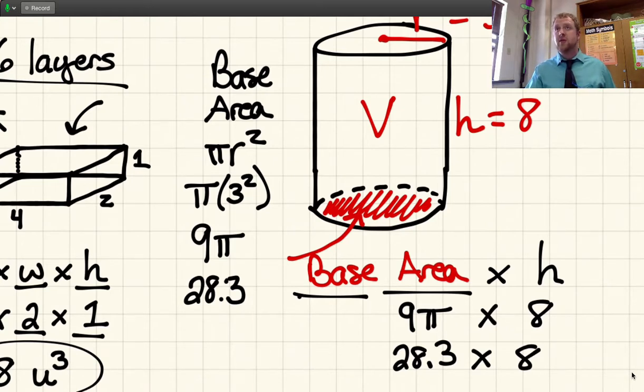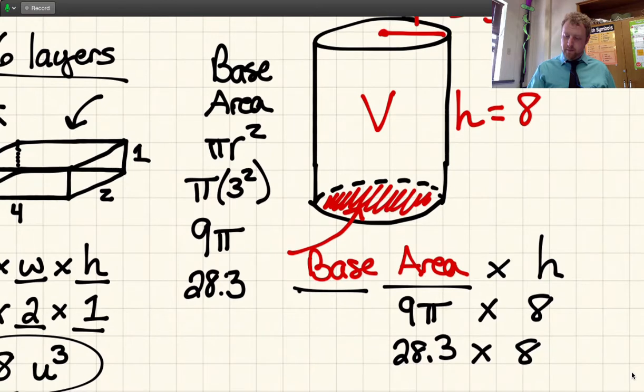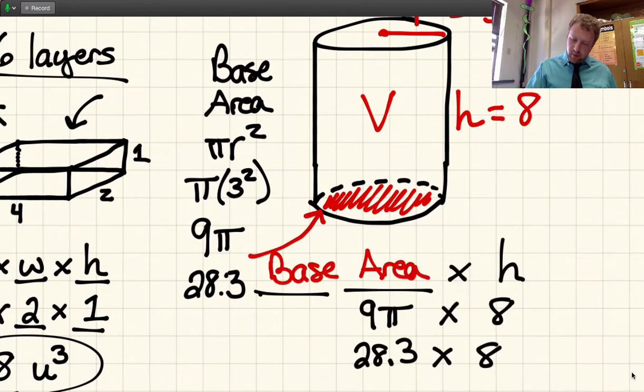I'm going to get the same answer either way. What's 9 times 8? Caitlin? 72. So this is going to be either 72 pi, or what's 28.3 times 8?